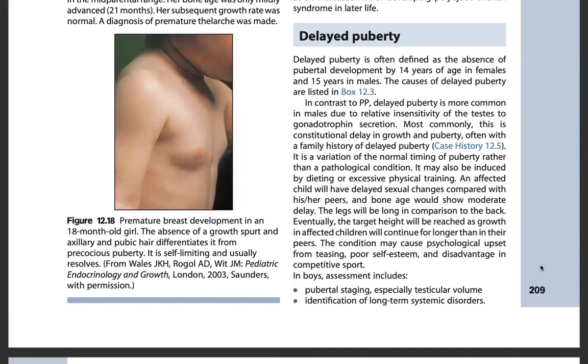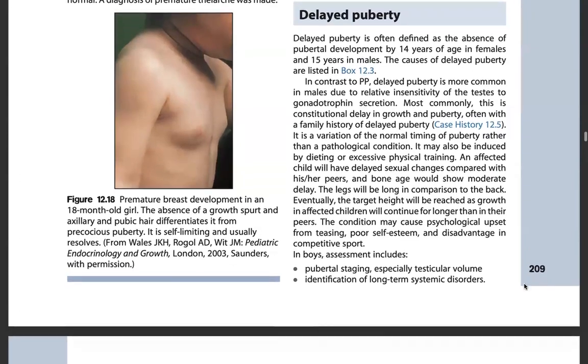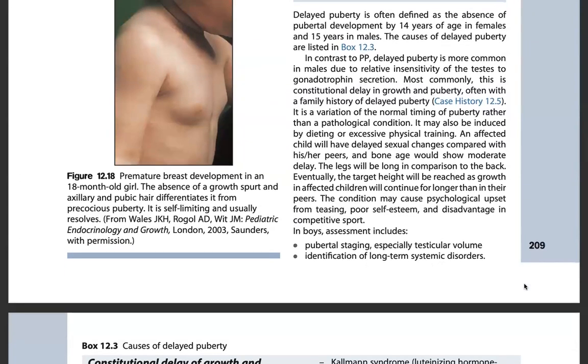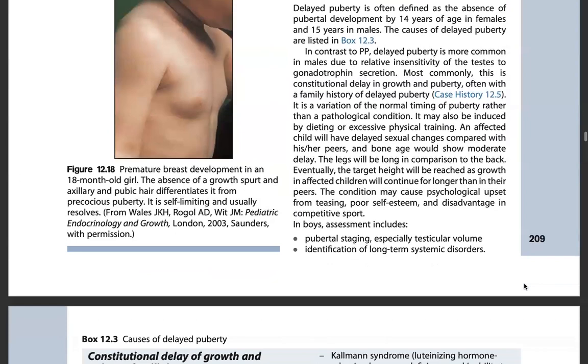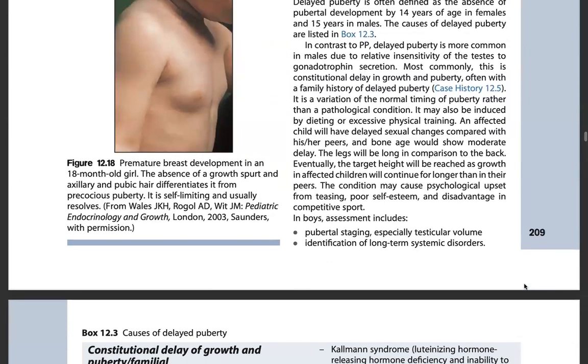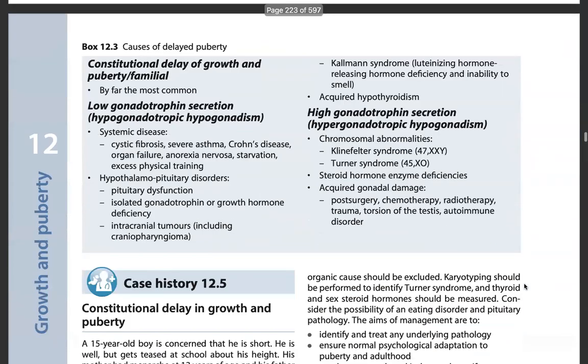The condition may cause psychological upset from teasing, poor self-esteem, and disadvantages in competitive sport. In boys, assessment includes pubertal staging, especially testicular volumes, and identification of long-term systemic disorder.